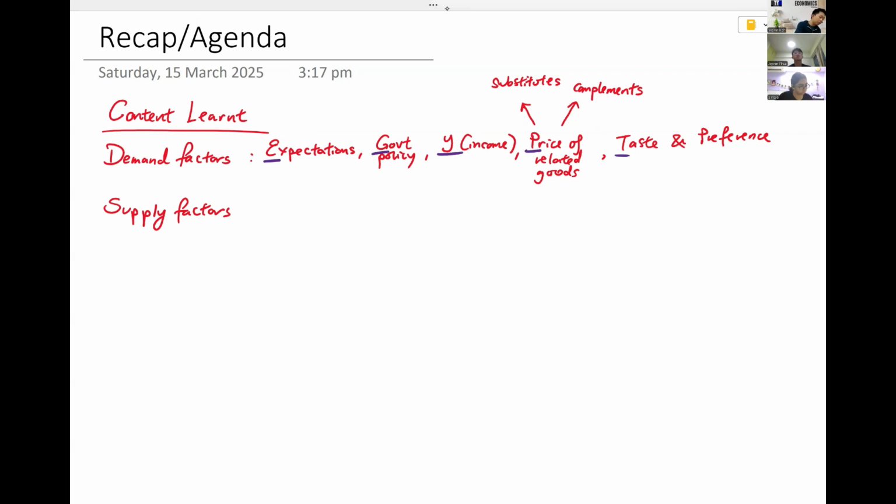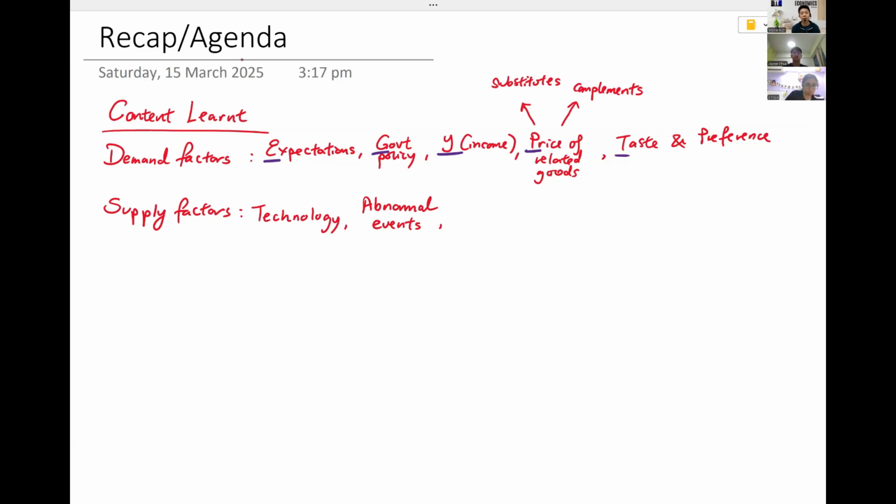Now moving on to supply factors. We have an acronym as well, but this is T for technology. A is a rather broad factor. It just describes abnormal events, things that can happen out of the ordinary.